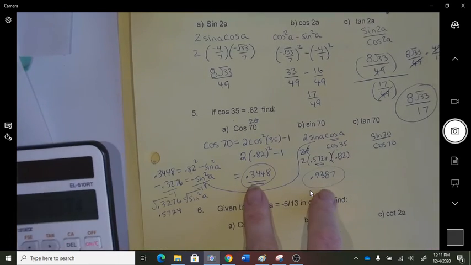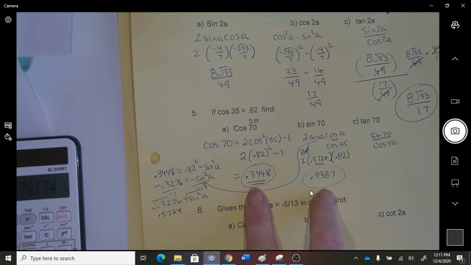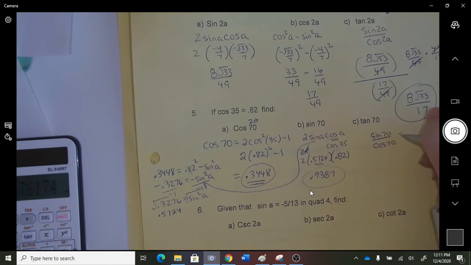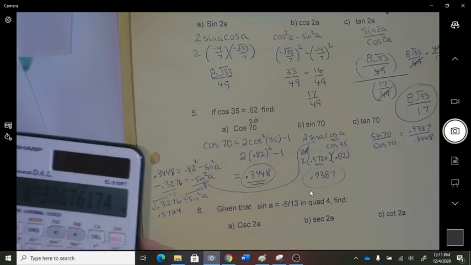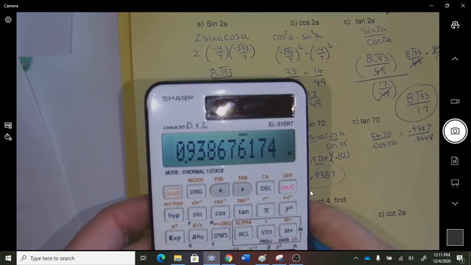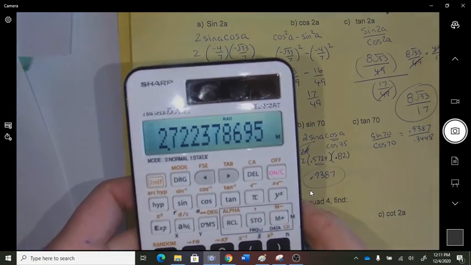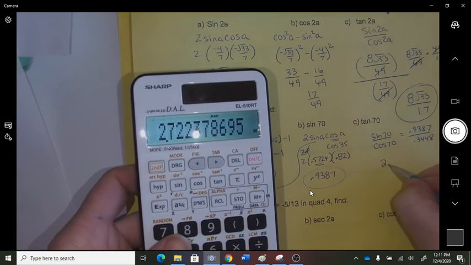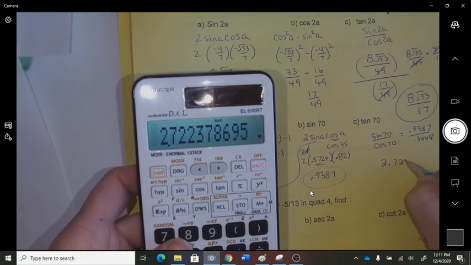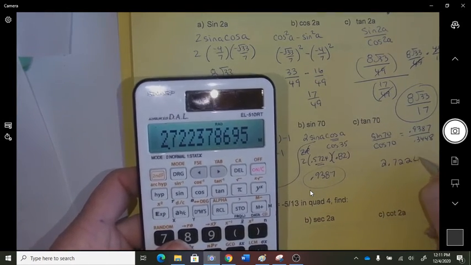So I'm dividing those two numbers. Okay, and I already actually have this on my calculator. So divide by 0.3448. 2.7224.